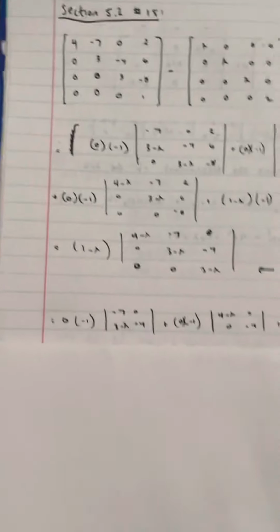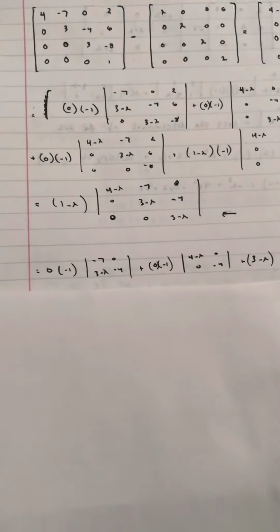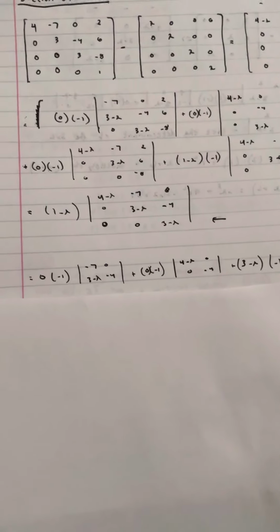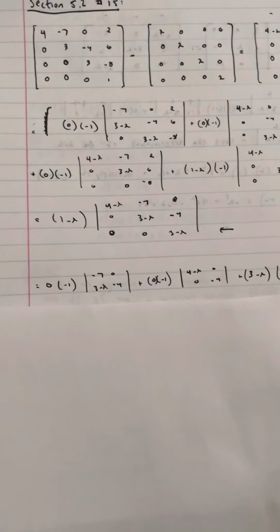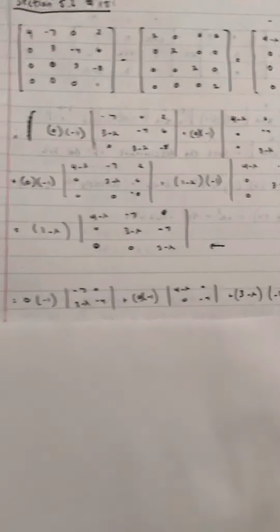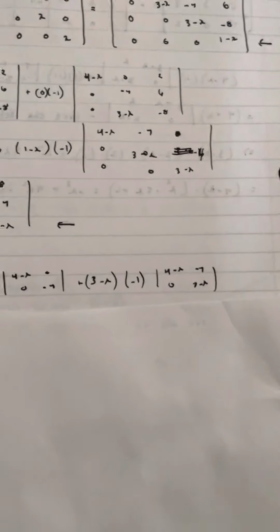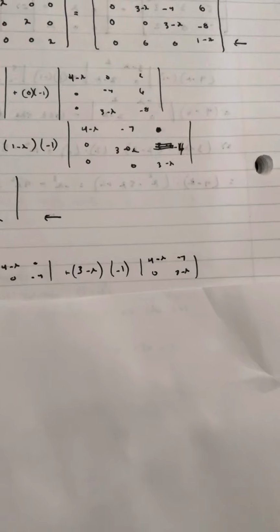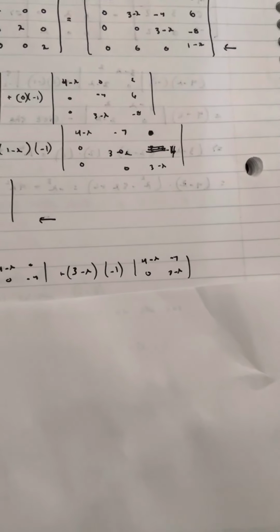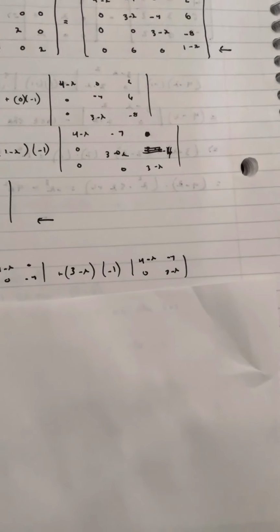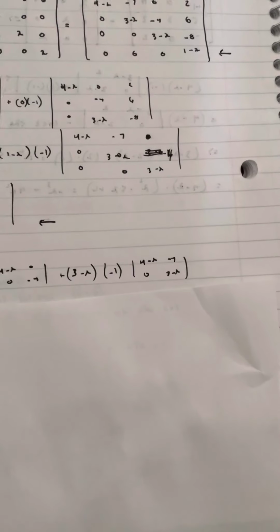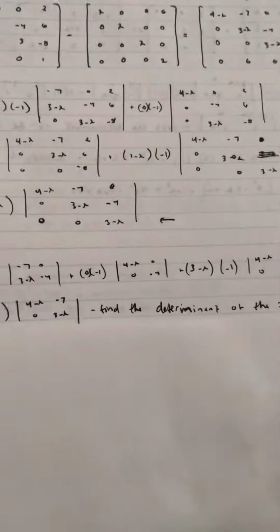So the first one we have is 0 times -1 times the 2x2 matrix of -7, 0; 3 minus eigen, -4, plus 0 times -1 times the 2x2 matrix of 4 minus eigen, 0; 0, -4, plus 3 minus eigen times -1 times the 2x2 matrix of 4 minus eigen, -7; 0, 3 minus eigen.